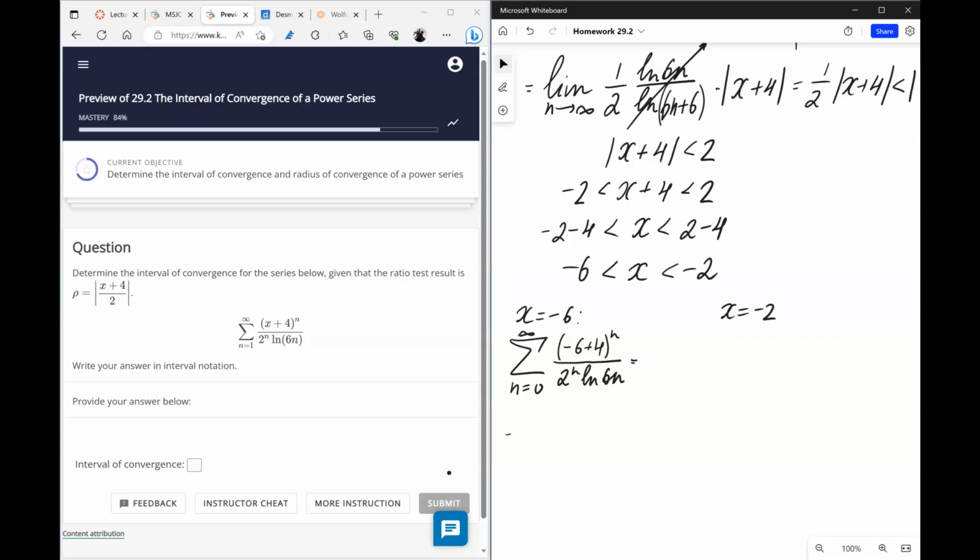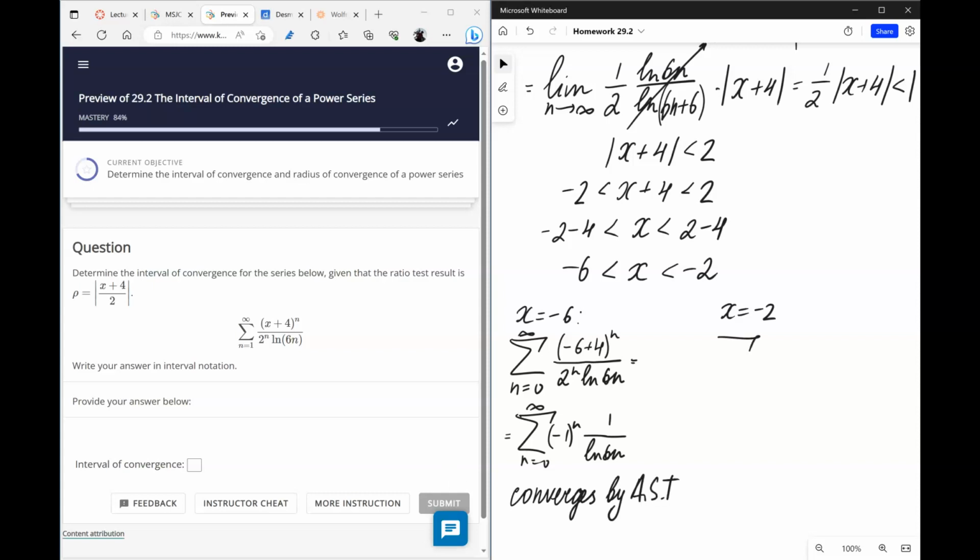So what we have here is -2 to the power n divided by 2 to the power n ln of 6n. So this just cancels out, and we are left with -1 to the power n. And this is the alternating series, and it converges by the alternating series test.